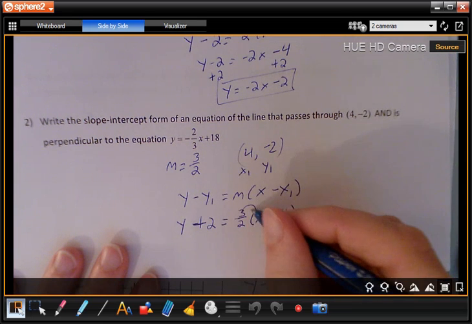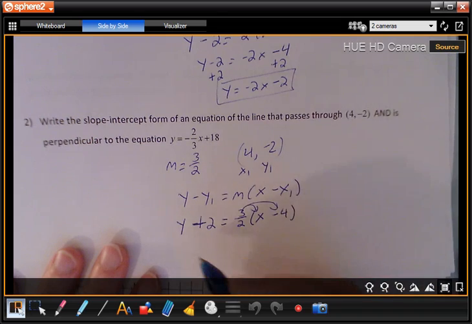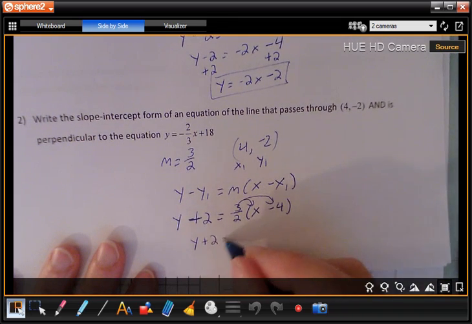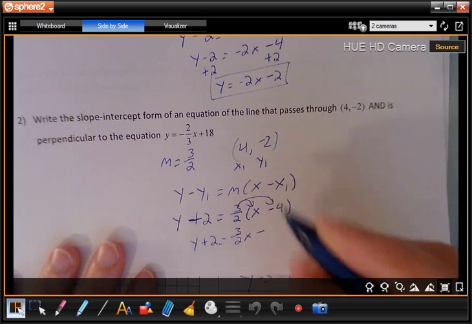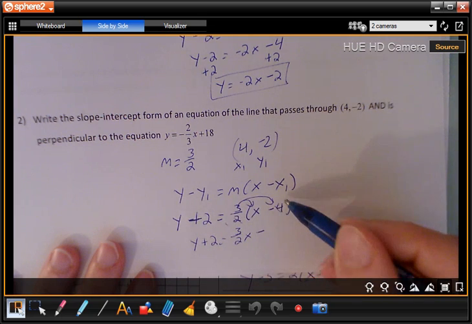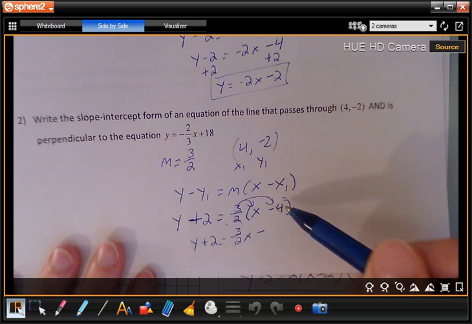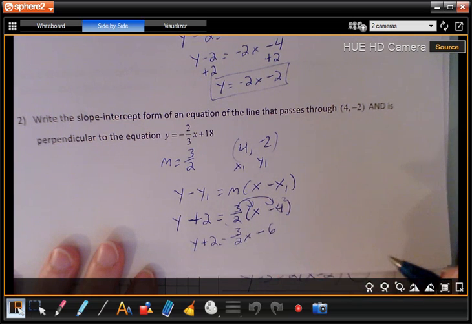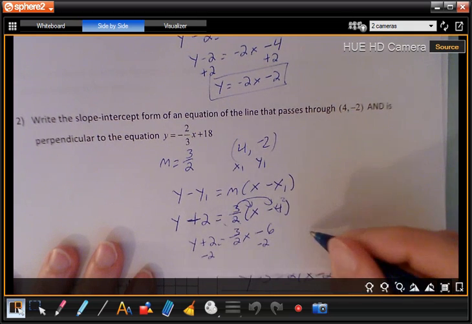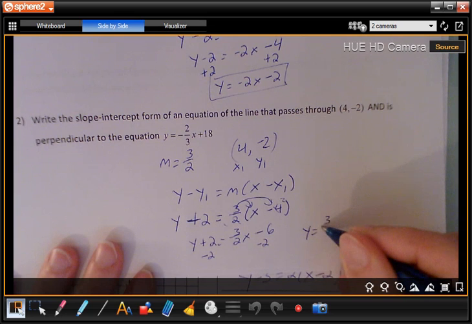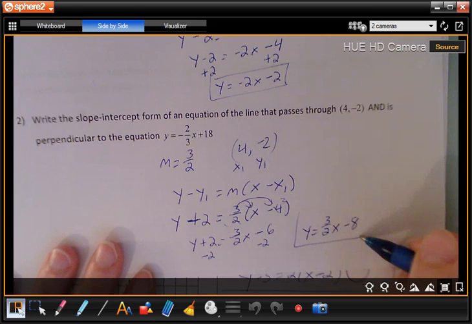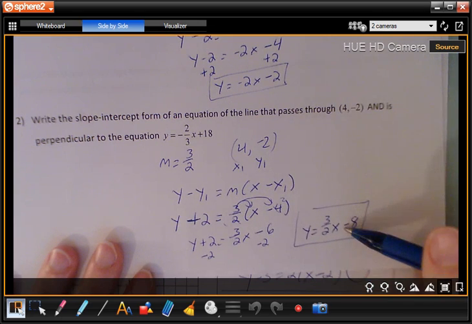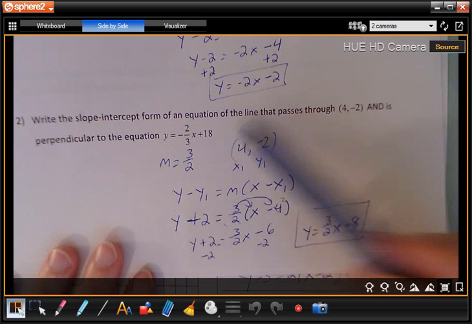And now we're going to distribute. y plus 2 equals 3/2 x minus, this becomes 2, 3 times 2 is 6. Now I'm going to subtract 2 from each side, and I get y equals 3/2 x minus 8. And that is perpendicular to this and goes through this point.